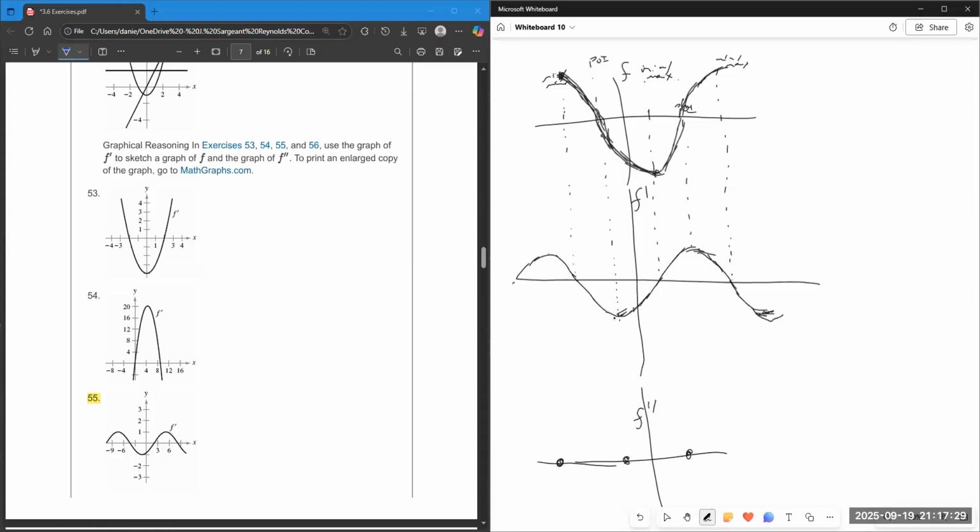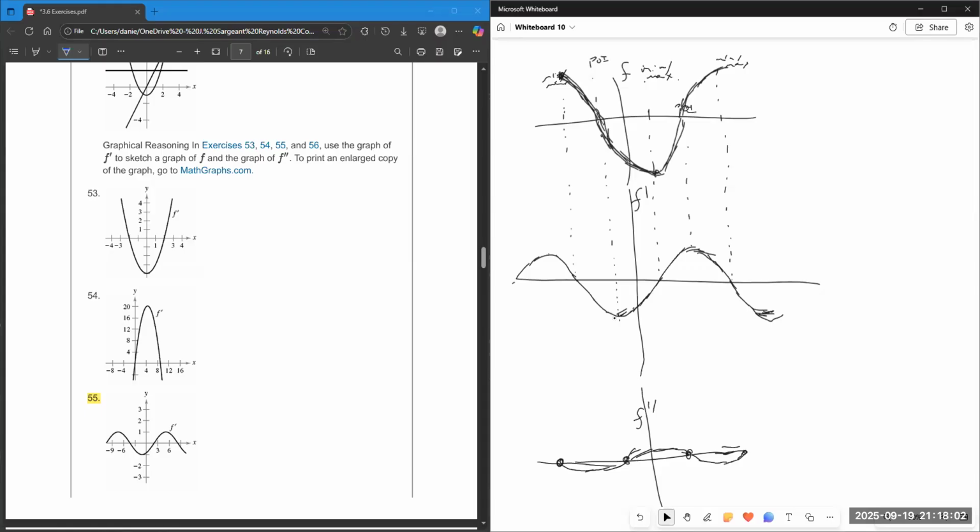This should be concave down, so this should be negative between these two zeros right here, and then this should be concave up here, like that, and then concave down again, and so like that.